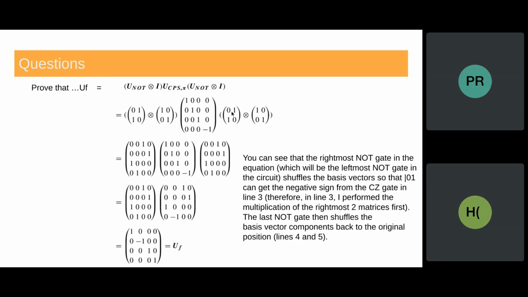If you multiply all these, at the end of it we get this one, which shows that by doing a V operation, or the UF, that is a C U naught with a CPS with a U naught.